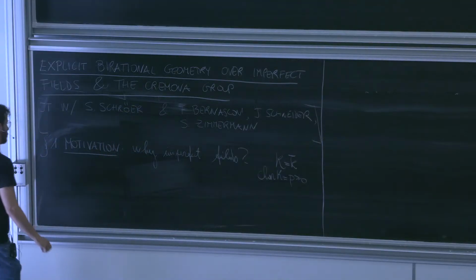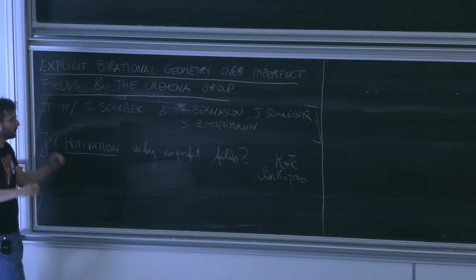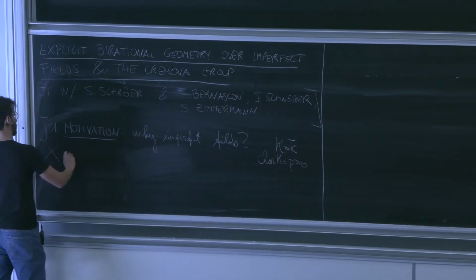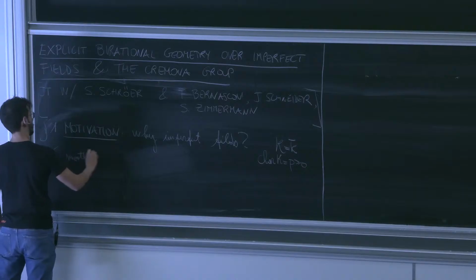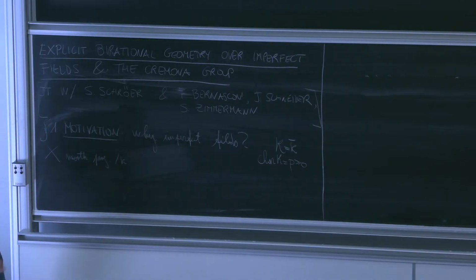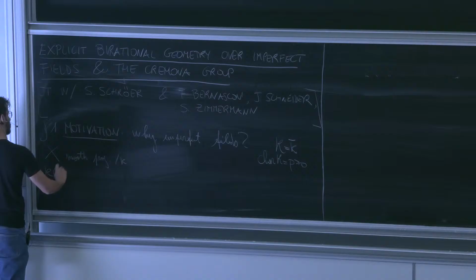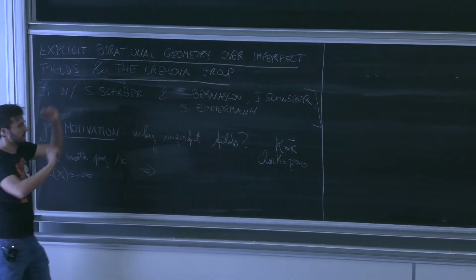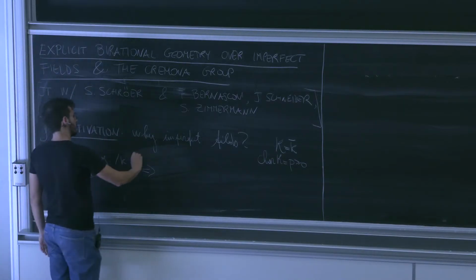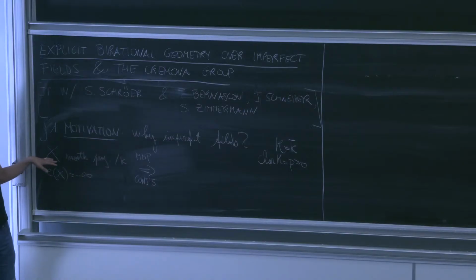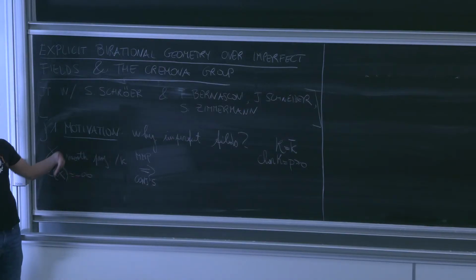So you have seen, I guess, during this week and previously, that if you start with X smooth projective over k, and you assume that the Kodaira dimension of X is minus infinity, then, in any dimension and any characteristic, the MMP conjectures imply that you can modify X birationally and get a fibration.